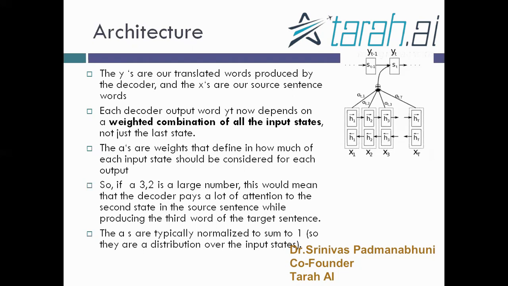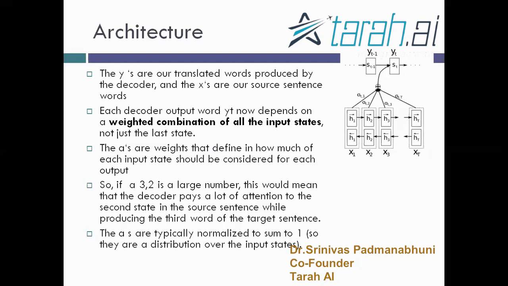So y small t will be derived with more stress on the first two words as compared to other words. So here what we are deriving is the attention function, which is alpha t1 to alpha t capital T, in addition to decoding the encoder-decoder function, which is the h vector.